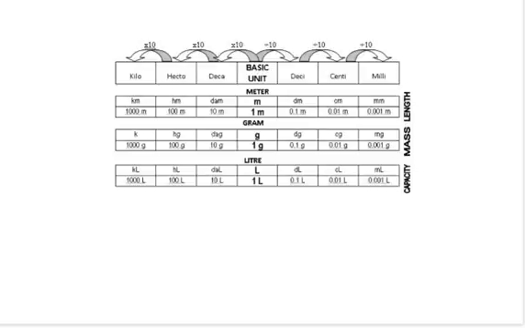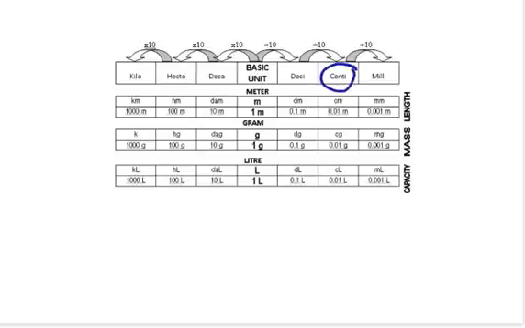So, for example, the chart here works with the basic unit compared to the rest. So, if you just look at the words, deci means 10 times less. So you would divide by 10 to get that from the basic unit.